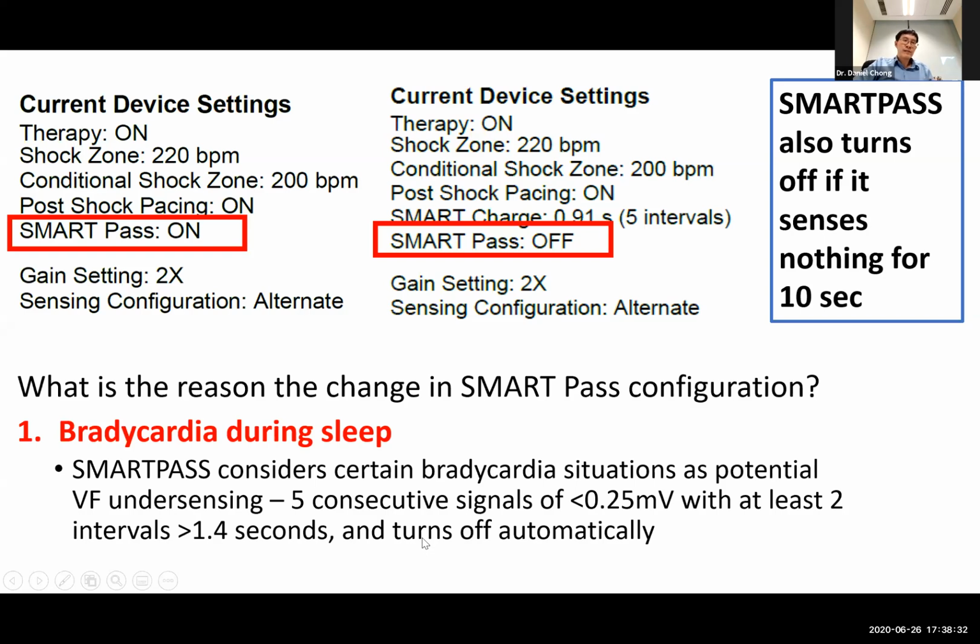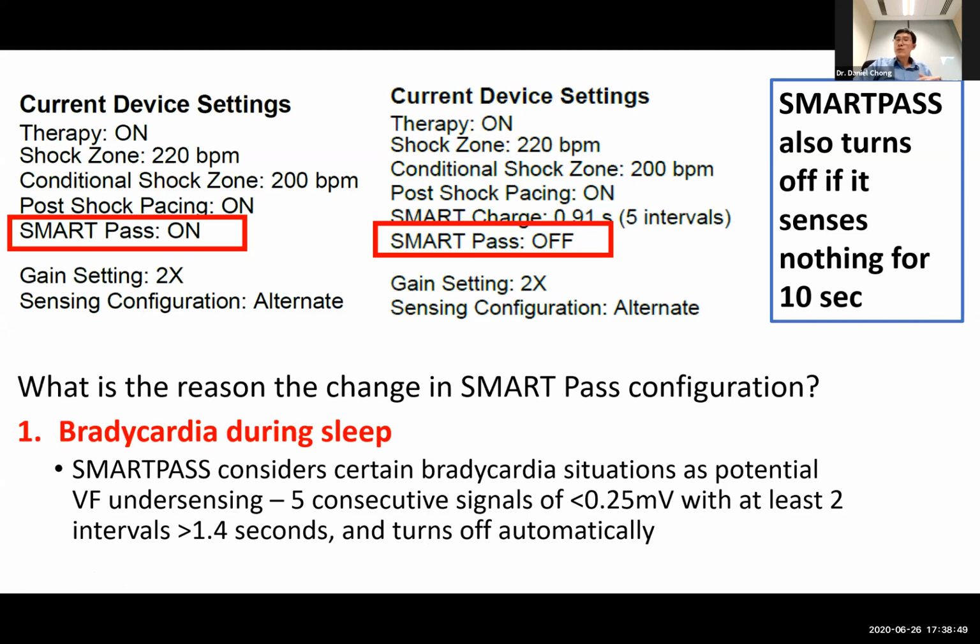And in our patient, one of the reasons why he had T-wave oversensing as well as movement artifacts resulting in an inappropriate shock was because his SmartPass automatically turned off without us realizing it, and we had to turn it back on.